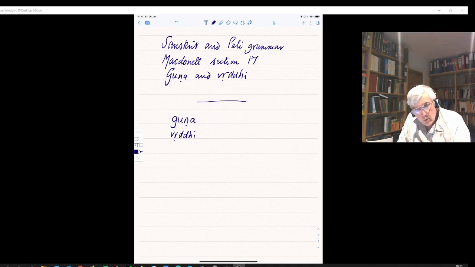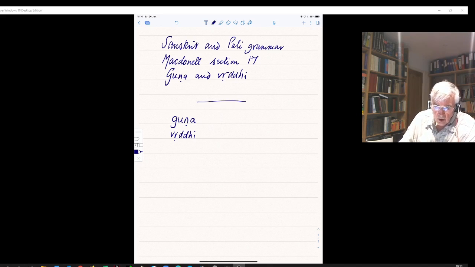So it means the quality of something. And so Guna is the word used by grammarians for the vowel with the enhanced quality, I to E, U to O. Vriddhi means increase, growth. That's where the quality of the vowel is further increased.